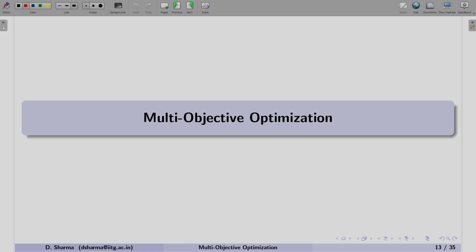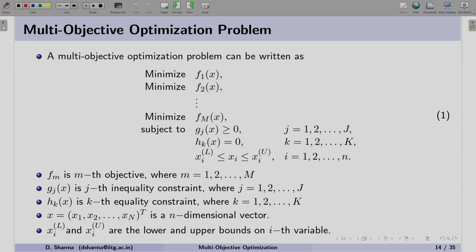So, with this introduction on multi-objective optimization, let us now go into more detail on the topic. The problem formulation for multi-objective optimization we can write as follows. As we have understood, we can have more than one objective.